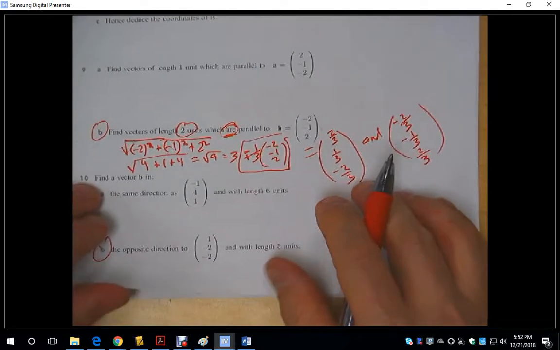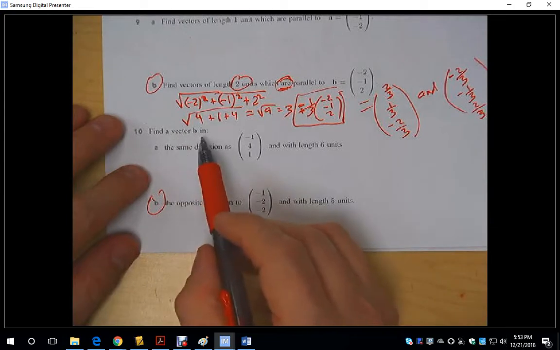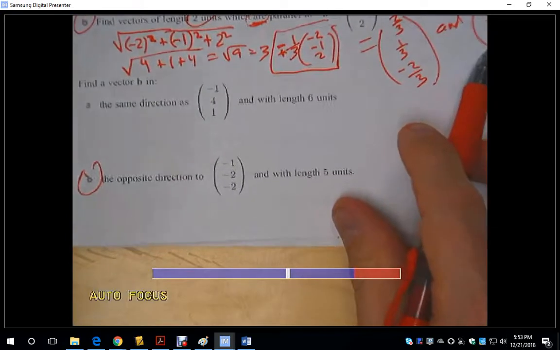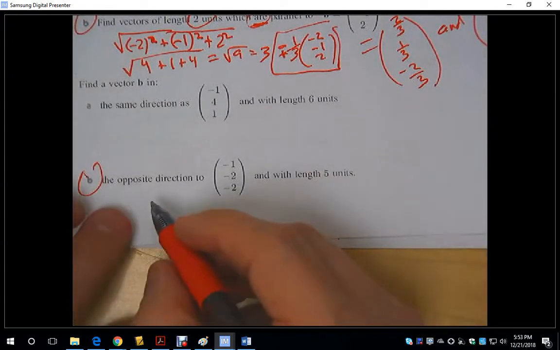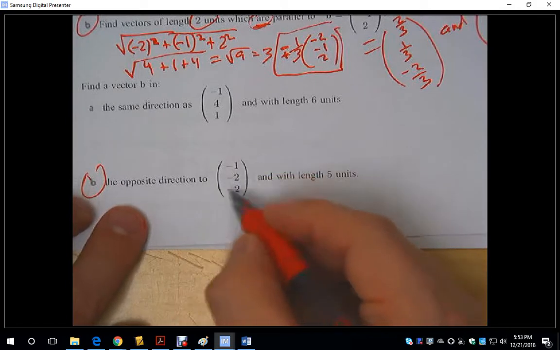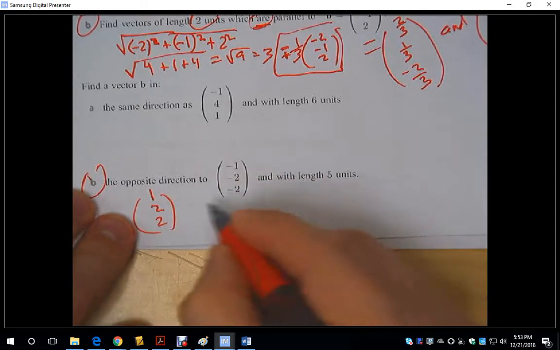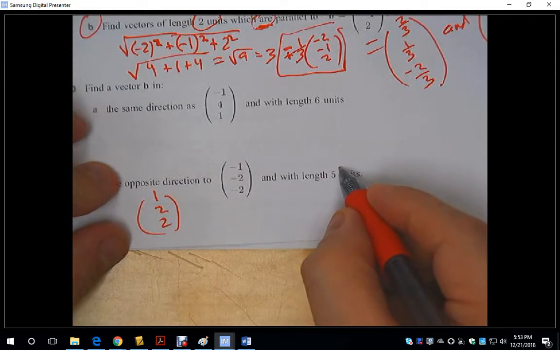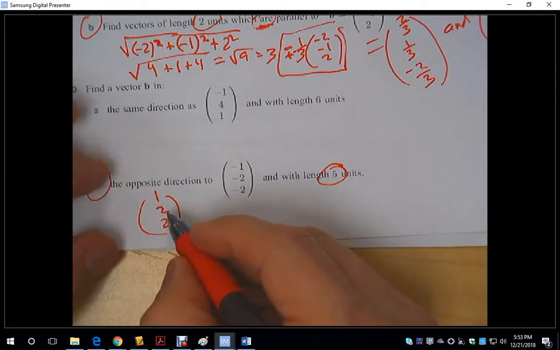All right, last problem. It says here, find a vector b in the opposite direction of this vector -1, -2, -2 with a length of 5. So it's really the same concept. We're going in the opposite direction, so we're going to reverse this. We have 1, 2, 2, and if we need to find a vector of a length of 5, let's first find the vector of a length of 1.